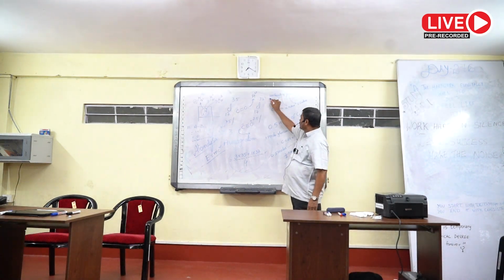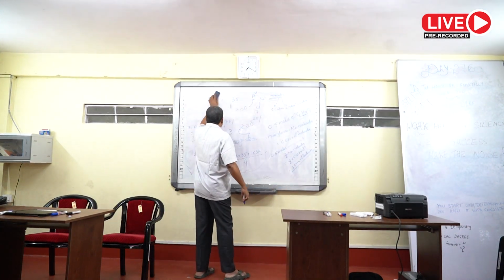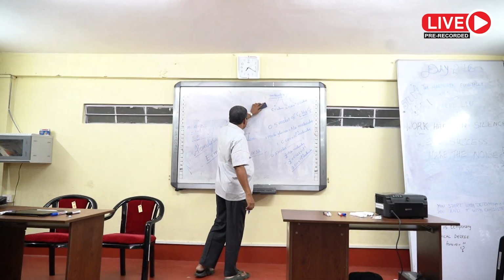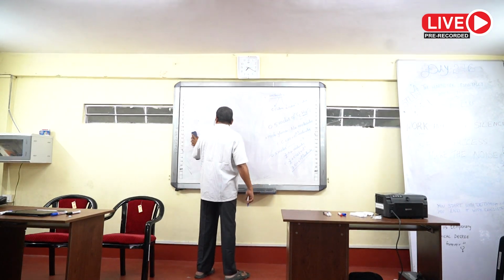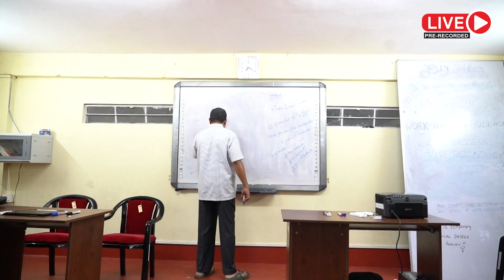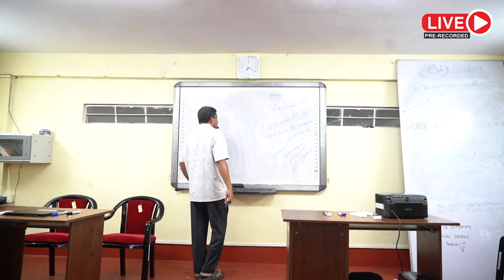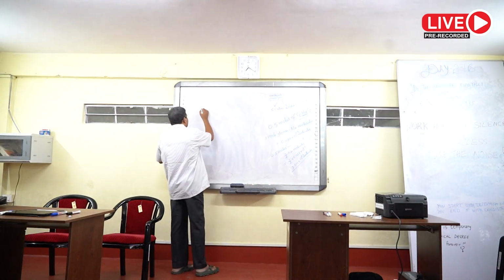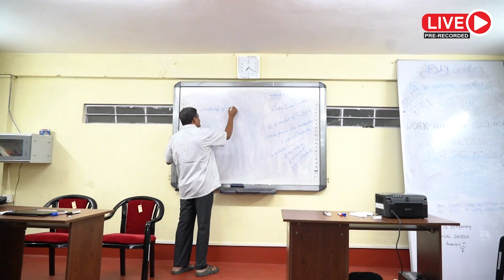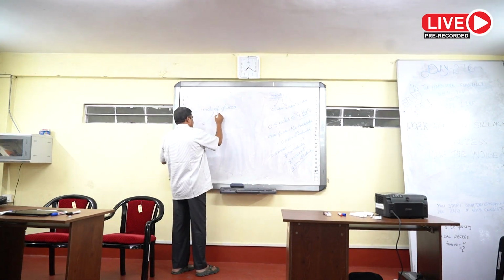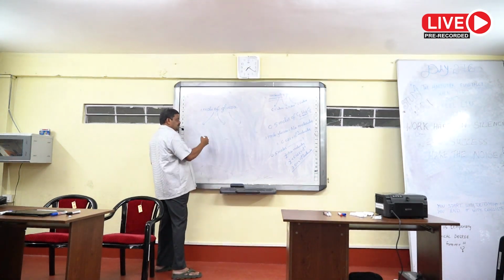Instead of 1 molecule, if I use the word 1 mole of glucose, that same argument: 1 molecule contains how many atoms? 6 carbon atoms.